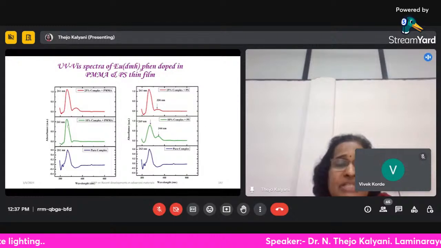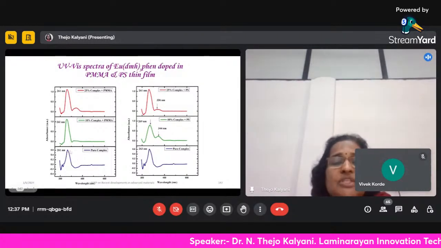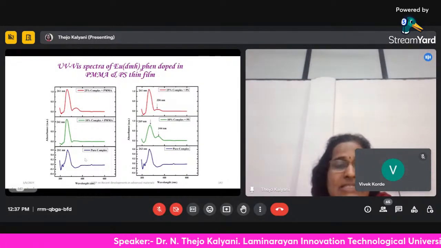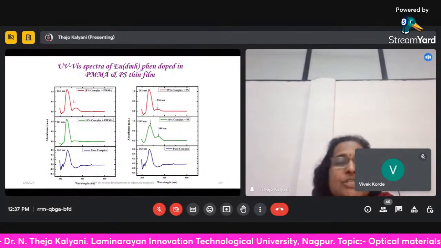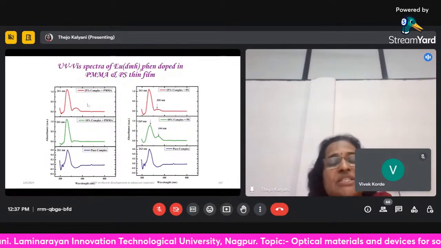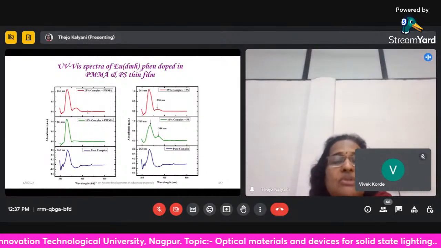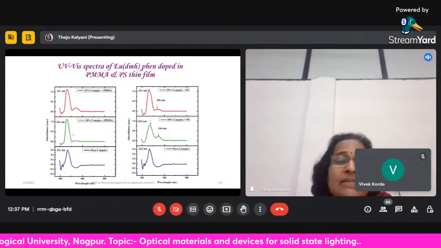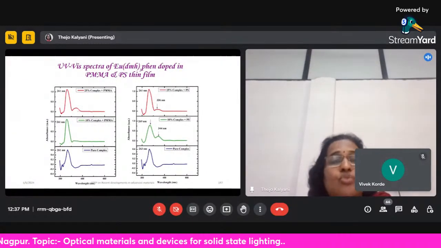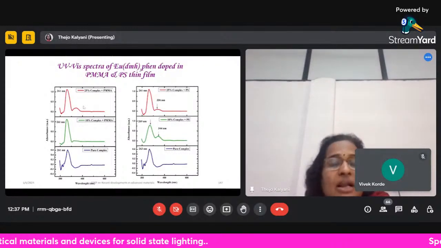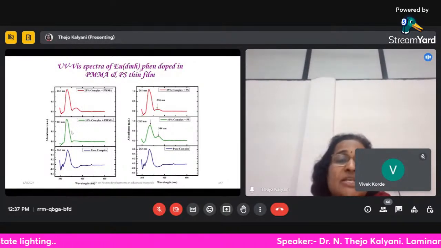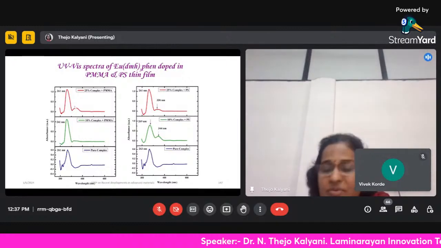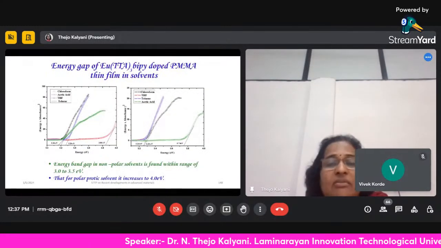What I'm trying to say here is that the intensity of the pure complex is less when compared with the intensity of the complexes which are embedded in the polymers. So thin film formation does not hinder the intensity, as one might otherwise expect. Unexpectedly, we got the results that the intensity is more when we have doped with polymers, which is preferred.